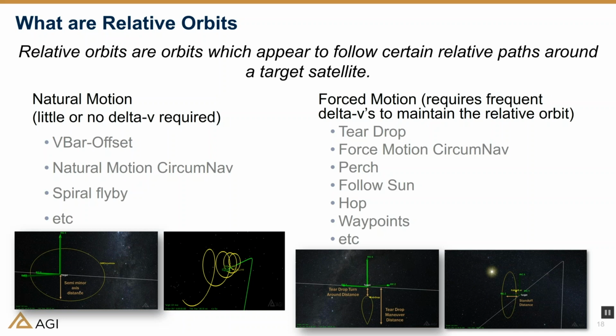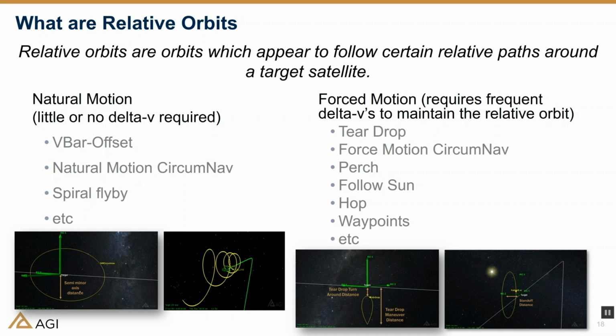A very interesting orbit, allowing you to inspect your target more or less passively from all faces as you go by, depending on how fast you want to drift by your target. The forced motion means it requires maneuvers, delta V's, to achieve these relative orbits. Some simple examples, the teardrop, as shown on the bottom center there underneath this column.